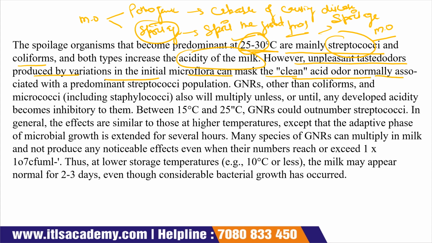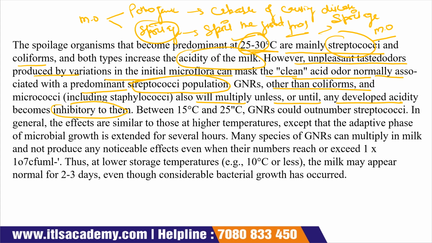It is normally associated with the predominant streptococci population. Okay, if the streptococci population increases, then an unpleasant taste and odor are produced, and the GNRs other than coliform and micrococci will also multiply unless or until any developed acidity becomes inhibitory to them.